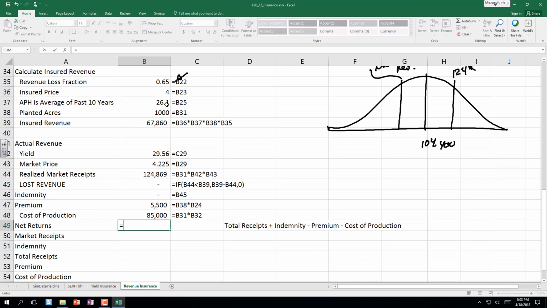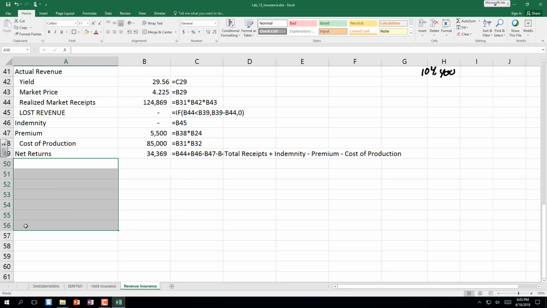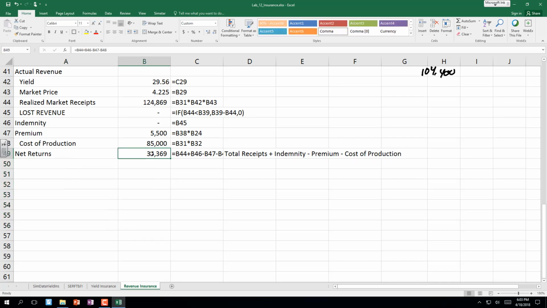So it's equal to the realized receipts plus my indemnity minus the premium minus my cost of production. This is just pure, simple economics. Farm management. And we've actually got net returns, and I don't know why we've got all this stuff here, so let's just delete it, get rid of it.